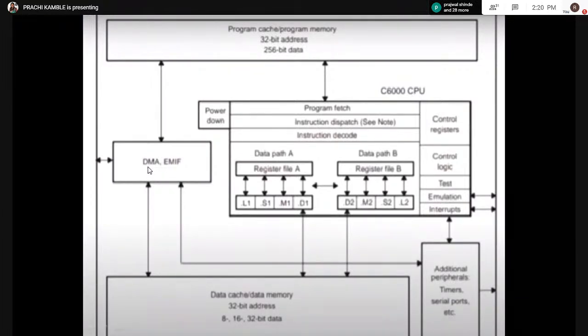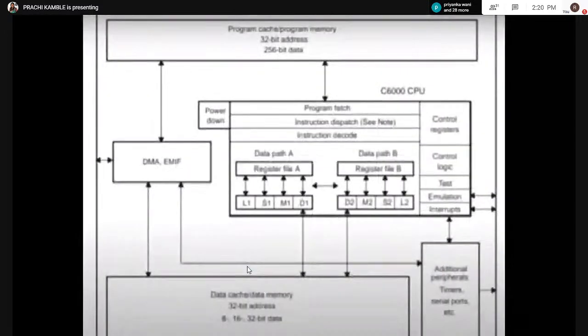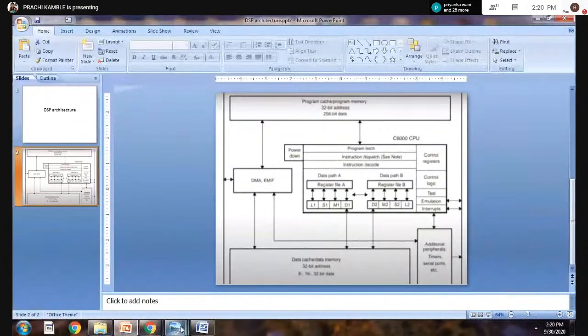So let's look at DMA first. In normal operation, whenever, let me draw the diagram. Just a second.